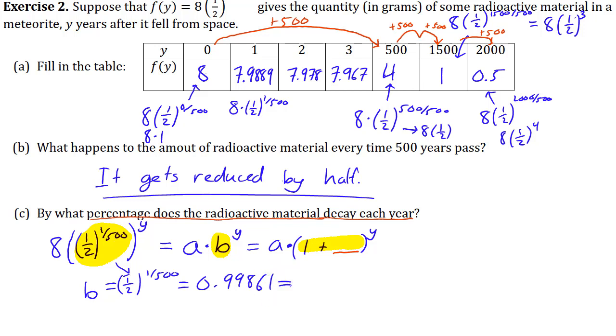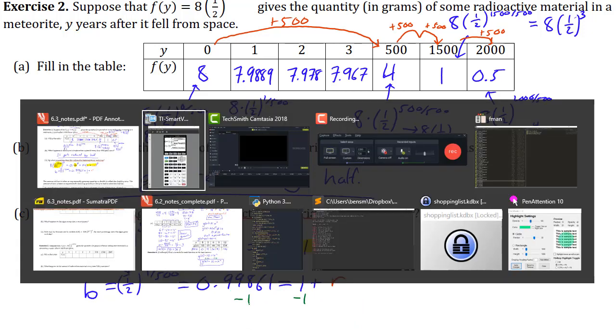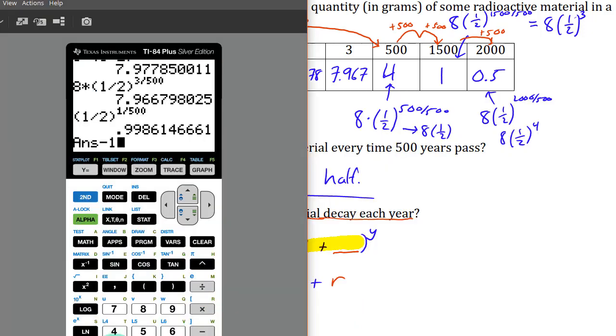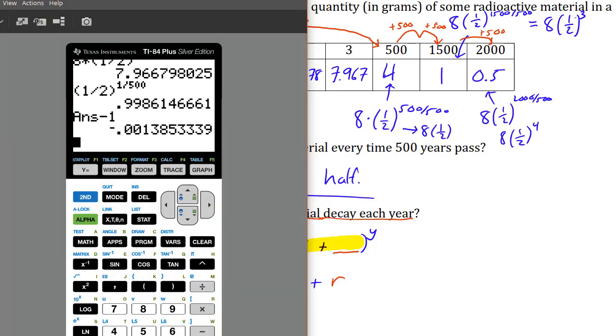Let's figure out what that is, because this is 1 plus r. That's the r we're trying to find. So to solve this for r, you just subtract 1 from both sides. 0.99861 minus 1 is about negative 0.1385.